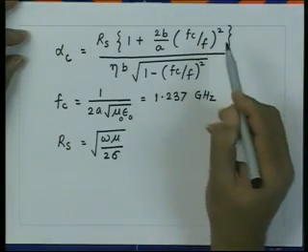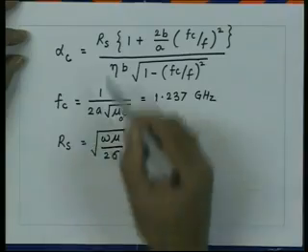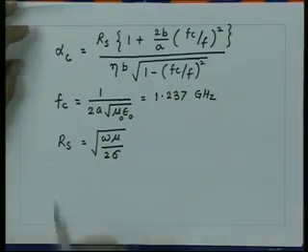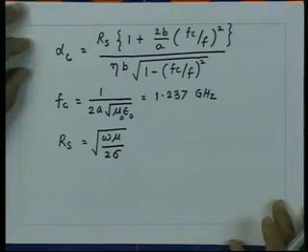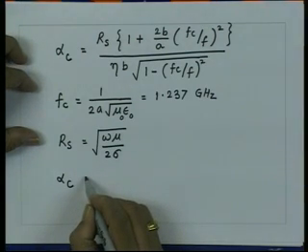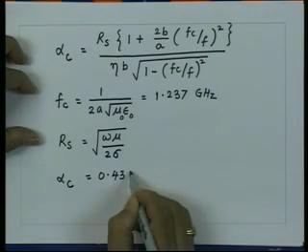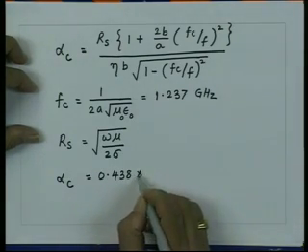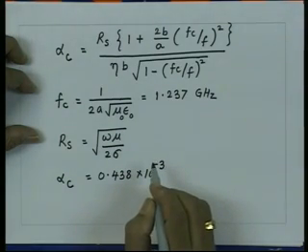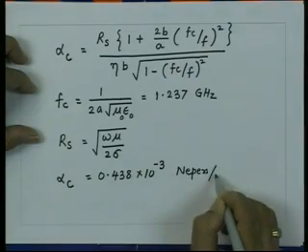We know the cutoff frequency, we know the frequency of operation, we know the dimensions of the waveguide a and b, we know the surface impedance, and we know eta, the intrinsic impedance, which is 120 pi for free space. So, by substituting these values, essentially we can calculate alpha c, which is equal to 0.438 into 10 to the power minus 3 Nepers per meter.